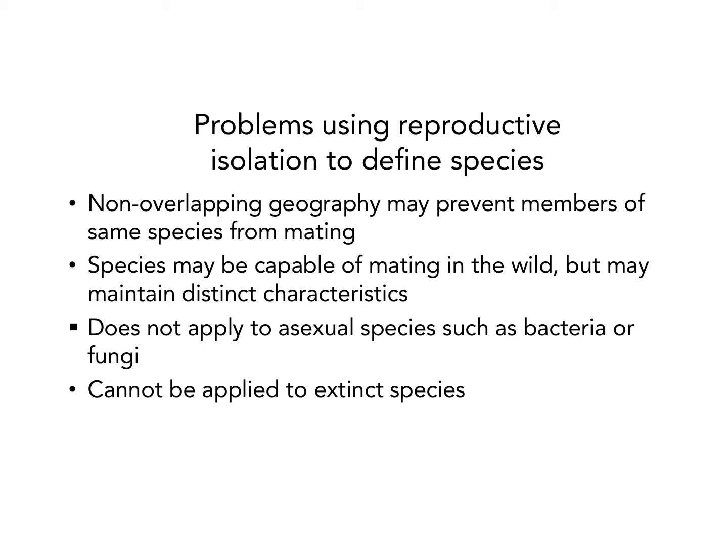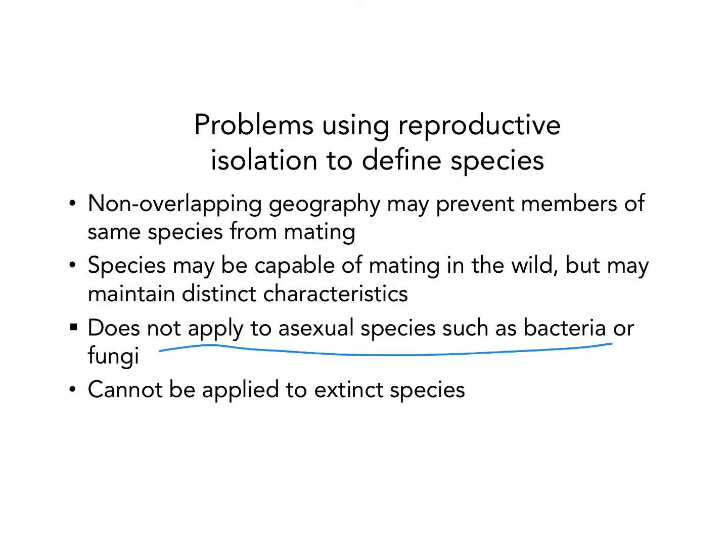Most of the time, this biological species concept is used to distinguish closely related species of animals and plants that reproduce sexually. So, as you can see here, we've got a whole sentence highlighting the problems with how you use that to talk about asexual species, such as bacteria or fungi.